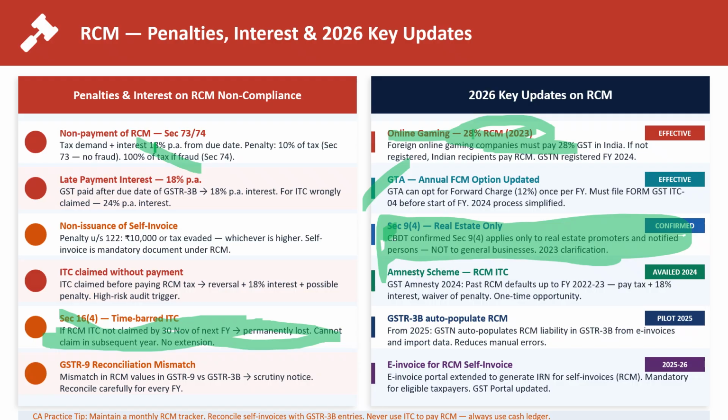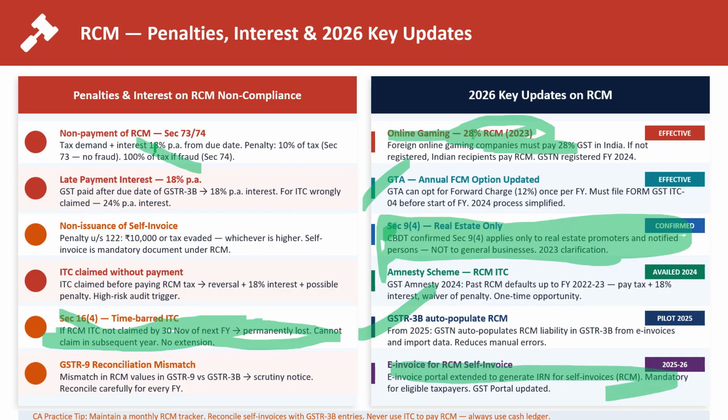And then RCM and ITC are also available for the next 30 years. And then auto-populated RCM. I already informed you, right? Through the invoice system, your auto-populated RCM liability is coming now. Now you can easily catch mismatch errors between your actual services and books and all.